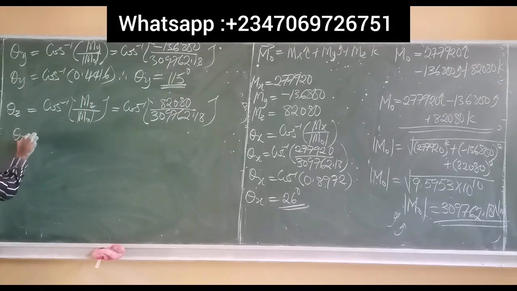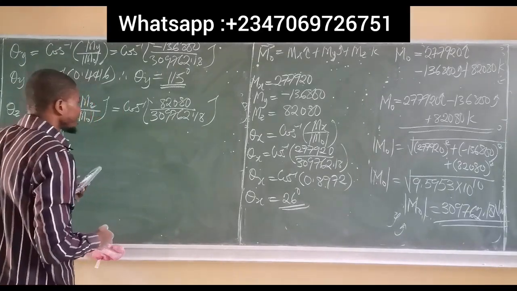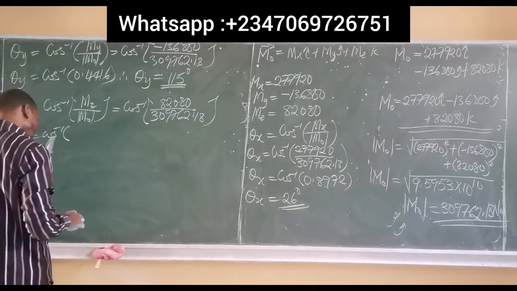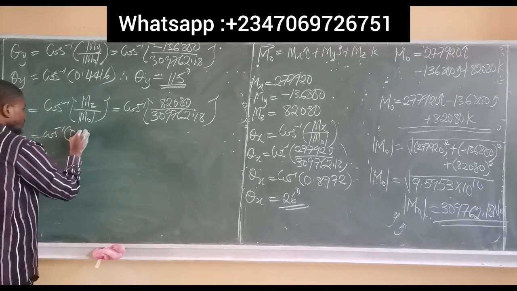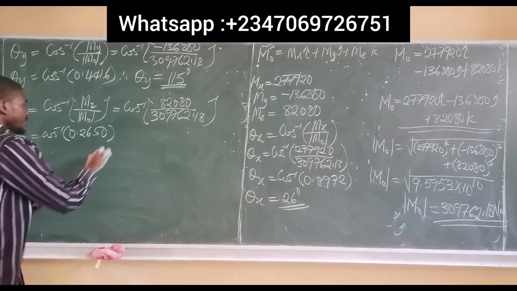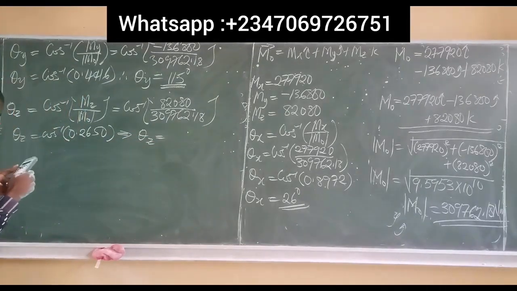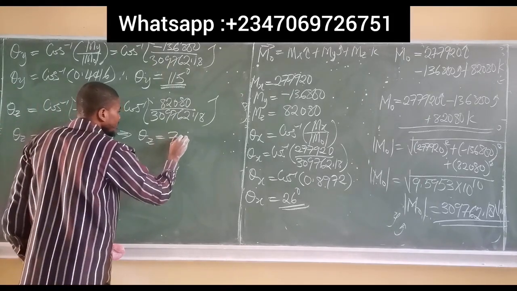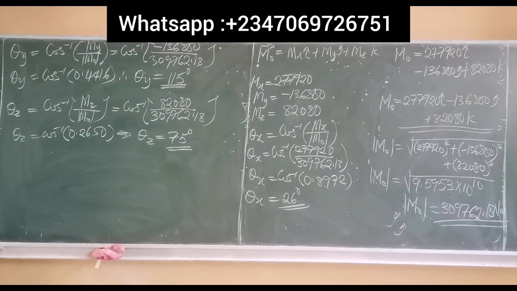Let's obtain that division: 82,080 divided by 309,762.18 gives us approximately 0.2650. Hence, you find the cos inverse of that result. This implies theta z is approximately 75 degrees.